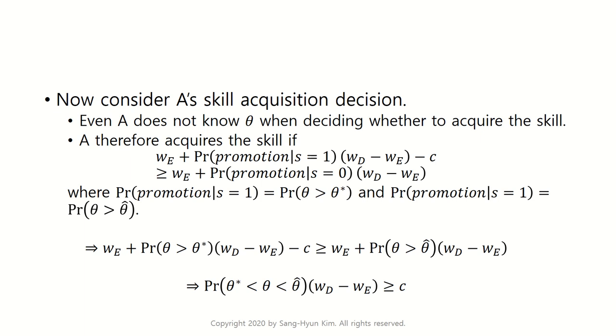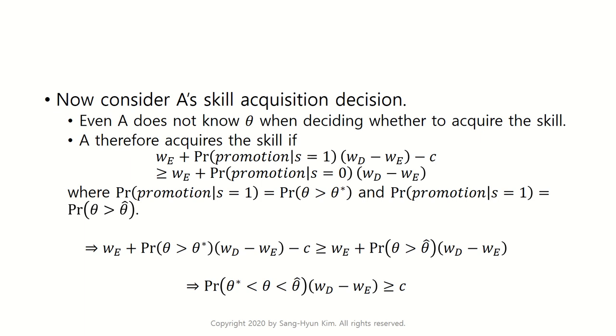Because we have WE on both sides, we can eliminate them, and we can further simplify the expressions to get the inequality at the bottom. On the left hand side, we have the marginal benefit of making an investment, and on the right hand side, we have the cost of making an investment. If the benefit is larger than the cost, then you make an investment.